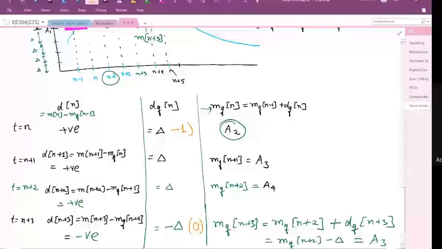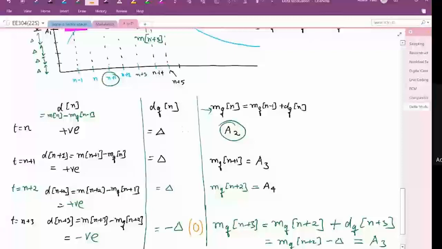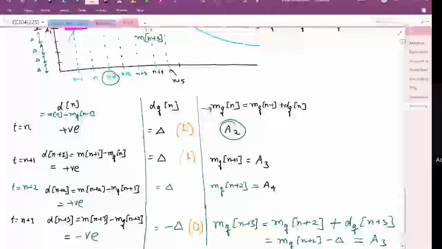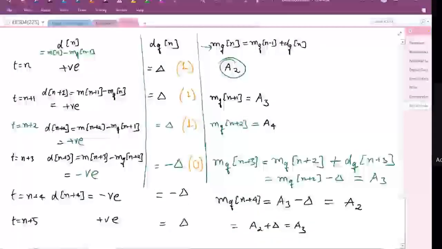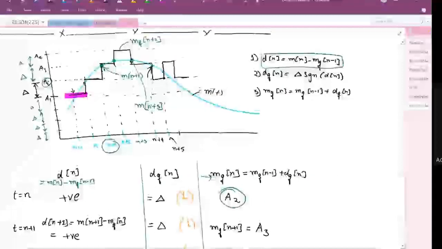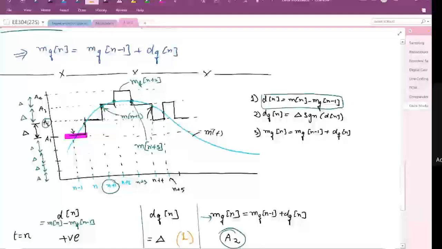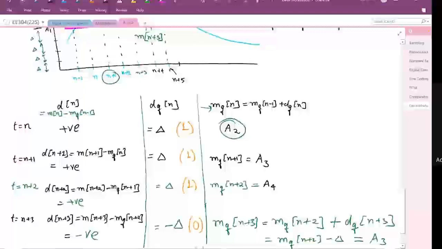So whenever this is 1, 1, 1, 0, and so on, 0 and 1. Whenever there is an increment in the level, we encode it as 1. Increment is encoded as 1. So we had three ones and then 0.